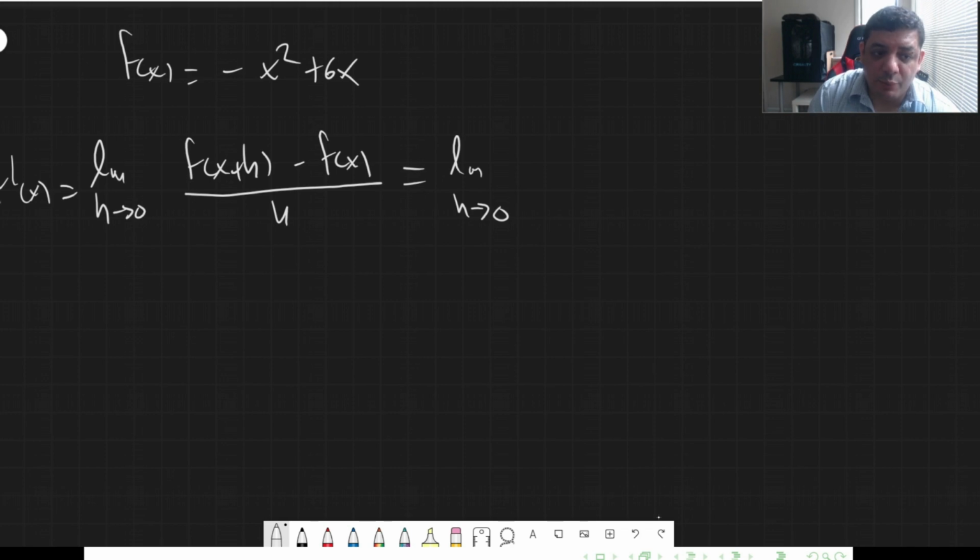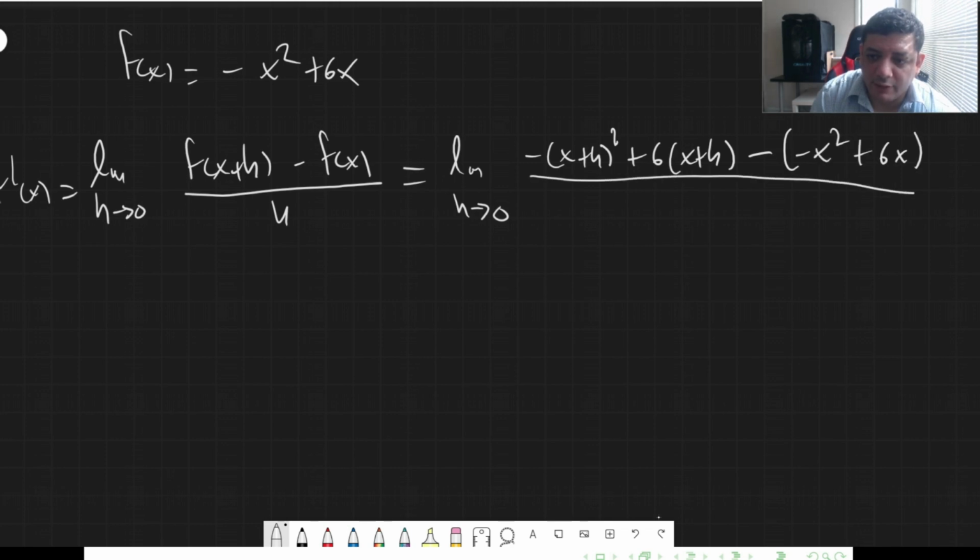So now if we're doing f of x plus h, we're going to have minus x plus h squared plus 6 times x plus h, minus the quantity minus x squared plus 6x, all over h.